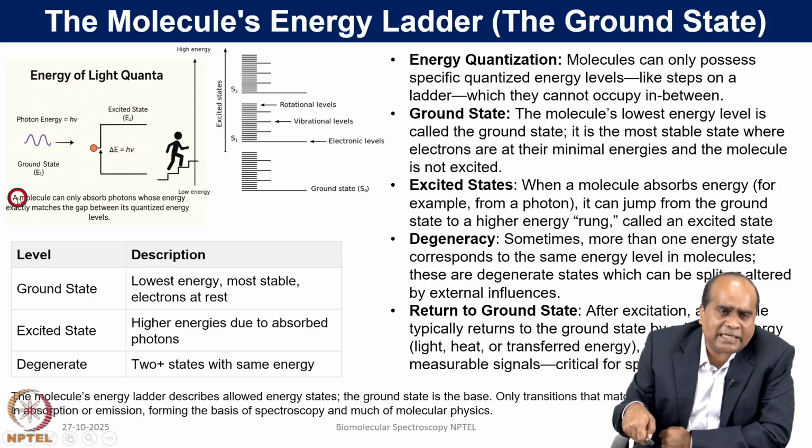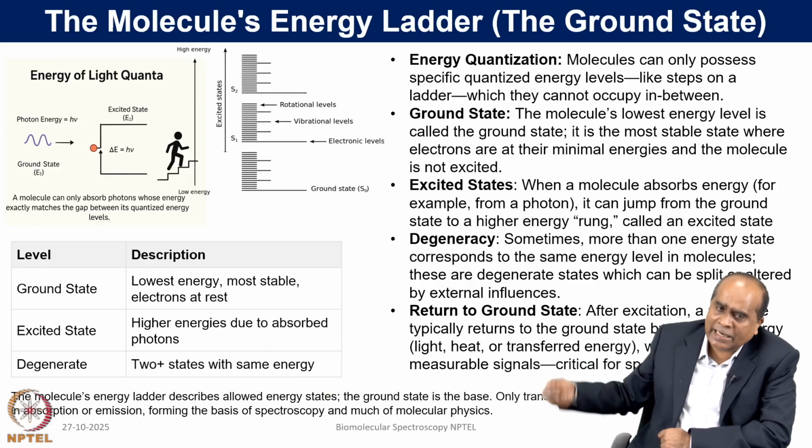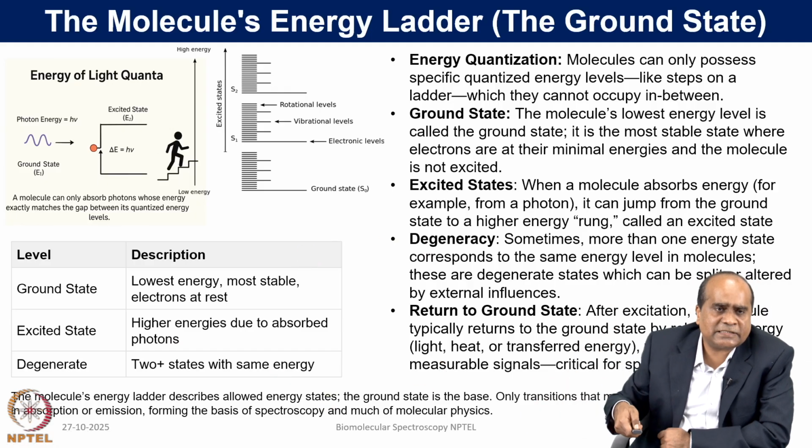So, the ground state is the lowest energy, most stable state, where the electron rests all the time. The excited state is the higher energy state, reached because the ground state electrons are absorbing a photon and going to it. Degenerate states have the same energy.